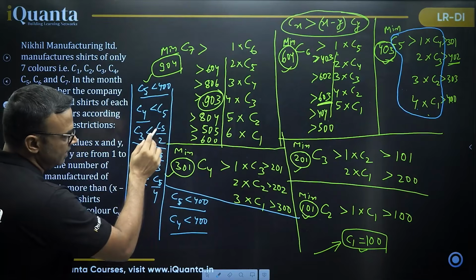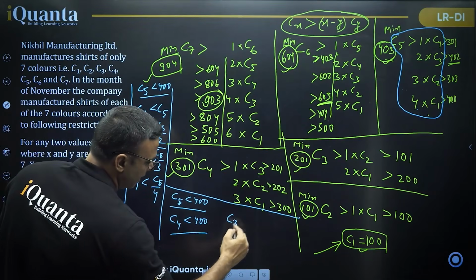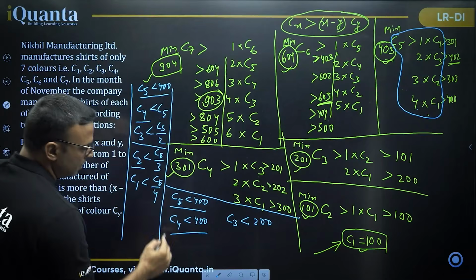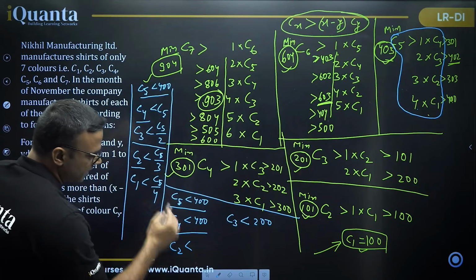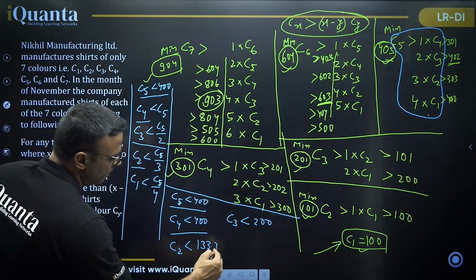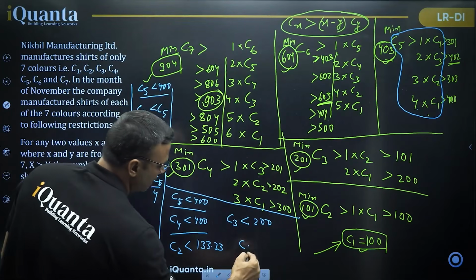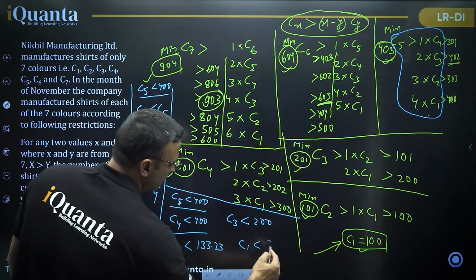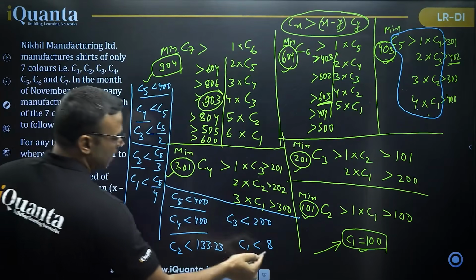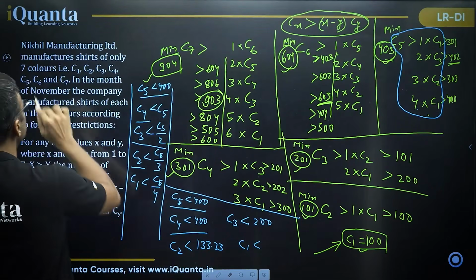C3 is less than half of C5, so C3 is less than 200. C2 is less than 400 by 3, that is 133.33. And C1 is less than, not 80, 400 by 4, that is 100, less than 100.